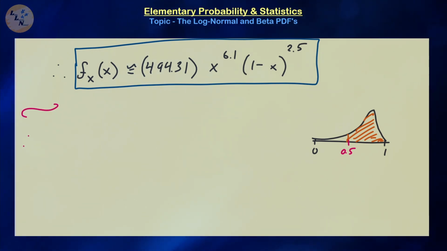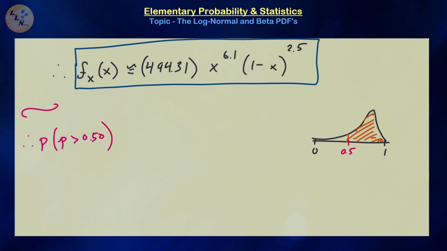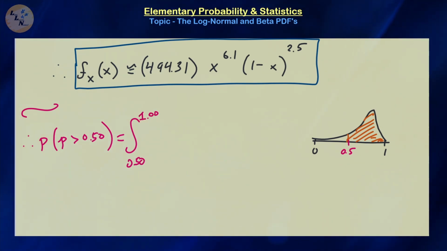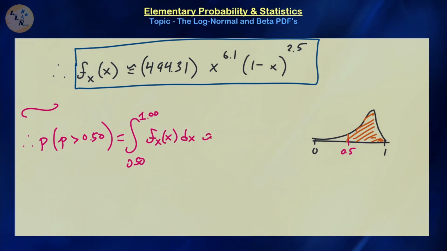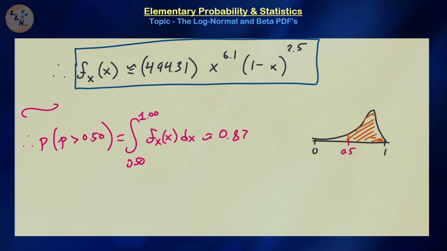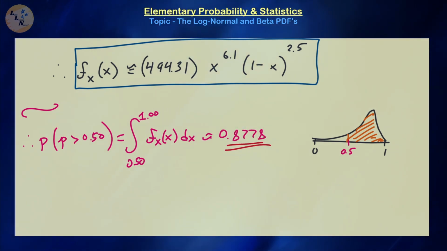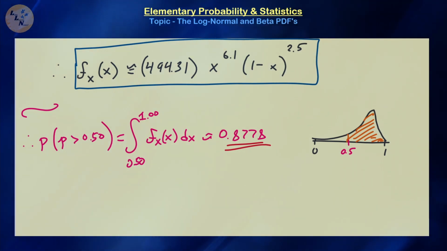So that means the probability that our proportion P is bigger than 50% is going to be equal to the integral from 0.50 to 1.00, or 50% to 100%, of f of x dx, and one can find that that's approximately equal to 0.8778. Right? So therefore, we are 88% sure that more than 50% of our population likes panda bears, right? So that's a very happy thing for panda bears.